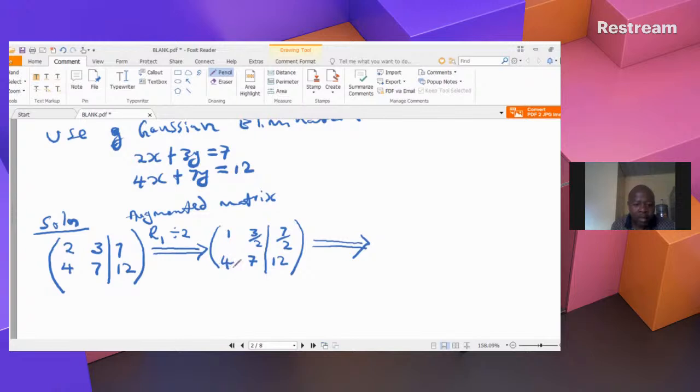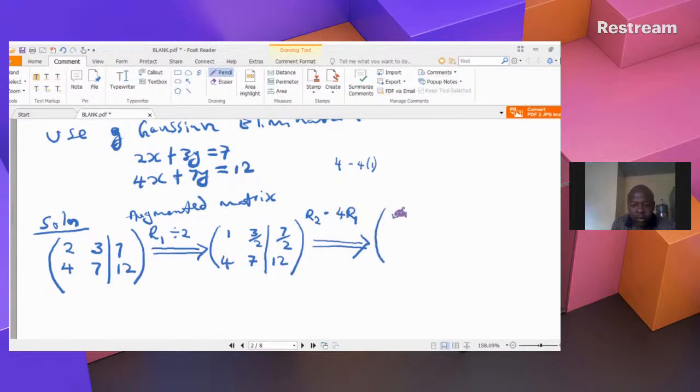To have a 0 at this point, where 4 is, I need the entire row 2 minus 4 multiplied by row 1. I need this 4 minus 4 multiplied by the entry in row 1, and the entry in row 1 is 1. So when I do this, I get a 0 at this position.